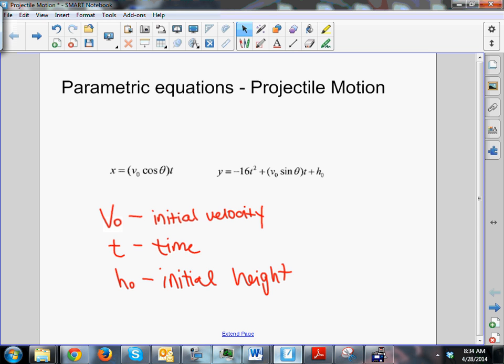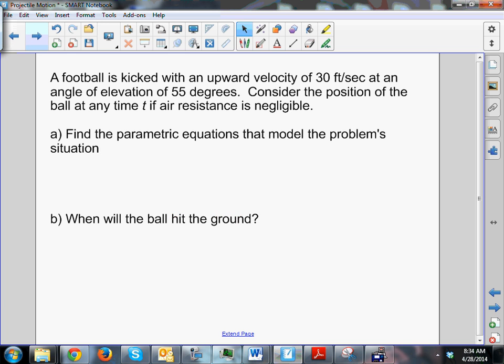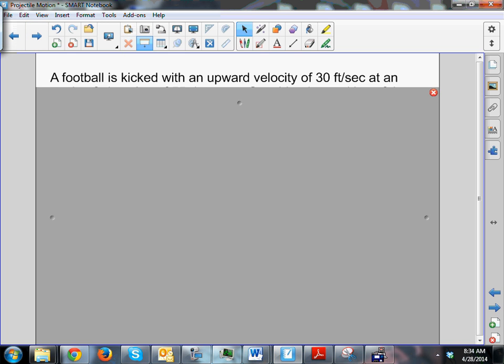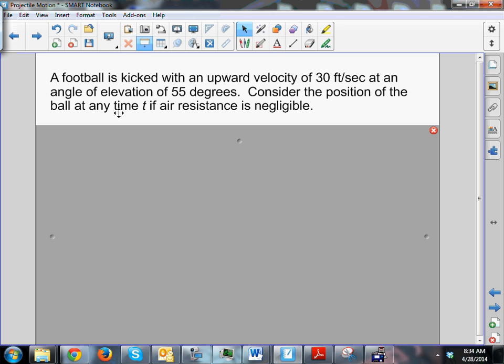So, here is the problem we are going to work with. A football is kicked with an upward velocity of 30 feet per second at an angle of 55 degrees. Okay? So consider the position of the ball at any time t, and we're not going to worry about air resistance affecting the ball.